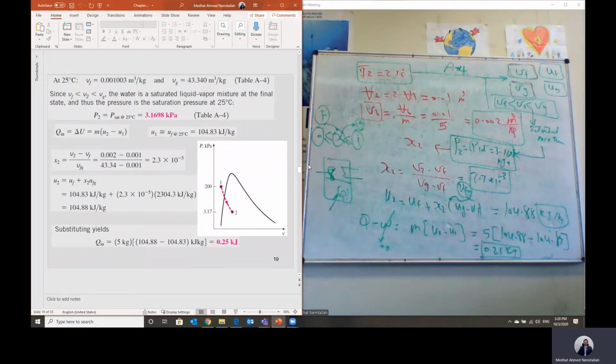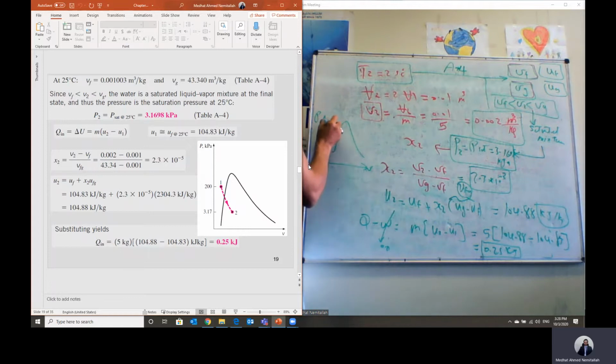We need also to represent this process. We can represent it on the PV diagram. At state number 1, pressure P1 is given, temperature T1 is given, and the state is subcooled. This is the pressure-specific volume diagram, and this is the saturation curve.